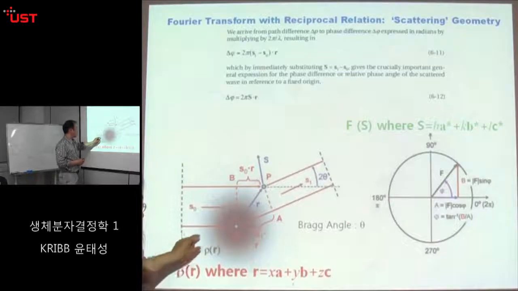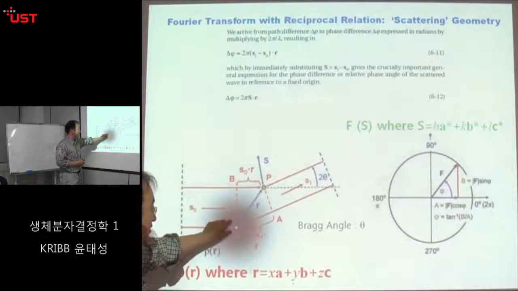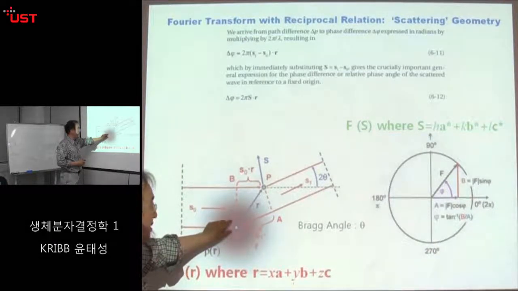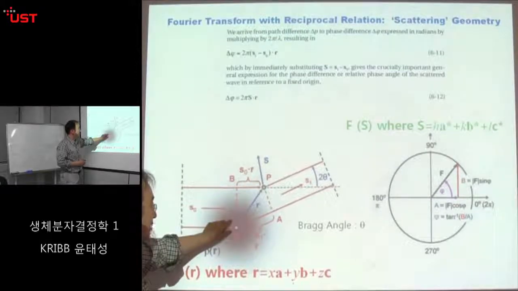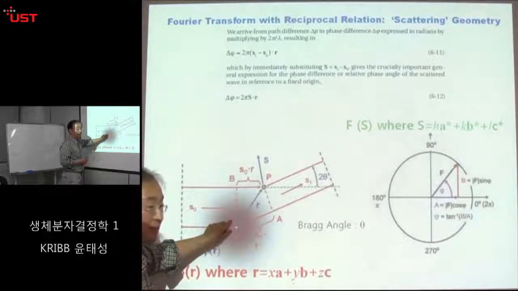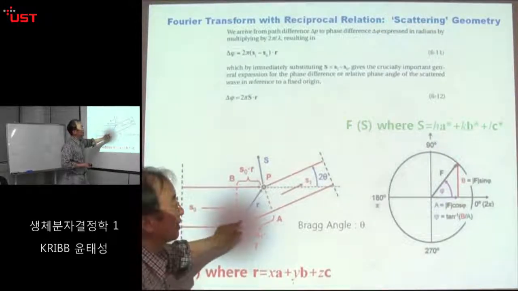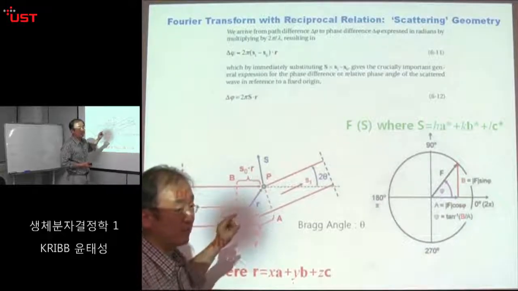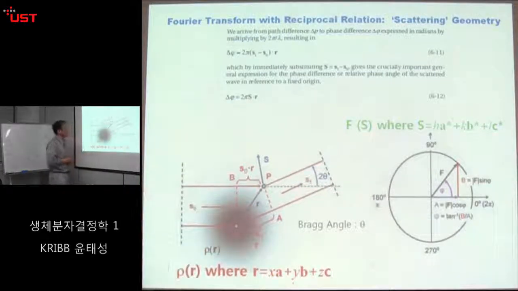Otherwise, unless we have symmetrical arrangement along ABC, that can be either electron or simple atom or single unit cell, not crystal. In such a case, it's not just a unit cell, but just a single component of protein and molecule, then we will have continuous scattering. That is the result. Okay.